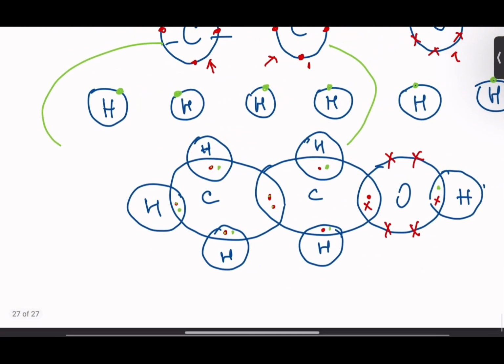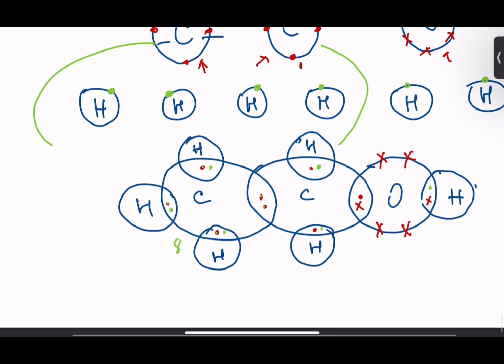Each carbon is like this, they have 8 electrons, and oxygen, if you check, also has 8 electrons. It happened because they share the electrons. And this is the Lewis dot cross diagram.